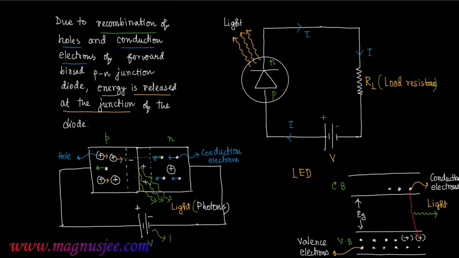This is the external battery, and the positive terminal of the external battery repels the holes towards the junction from the P region, and the negative terminal of the external battery repels the conduction electrons in the N region towards the junction.